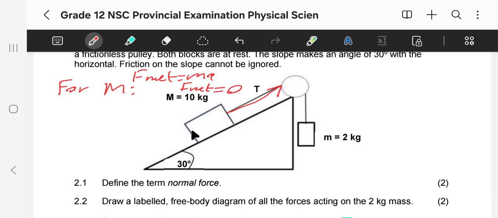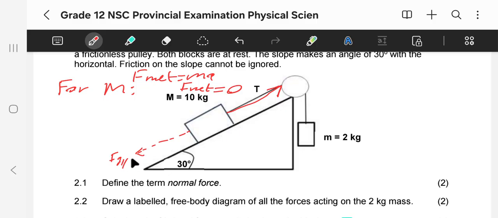But there's also another force that is not drawn, and that is the component Fg parallel, which is also acting on this object. Since this object is at rest, it means there's no applied force. There's one force that's trying to get this object to move, and that is the force of gravity, in this case the gravitational component force.